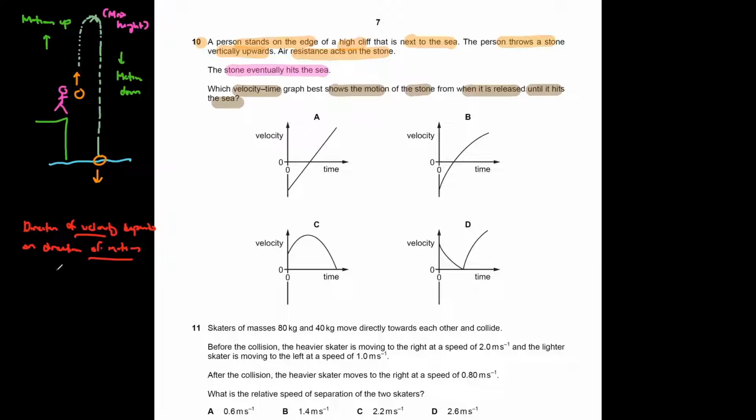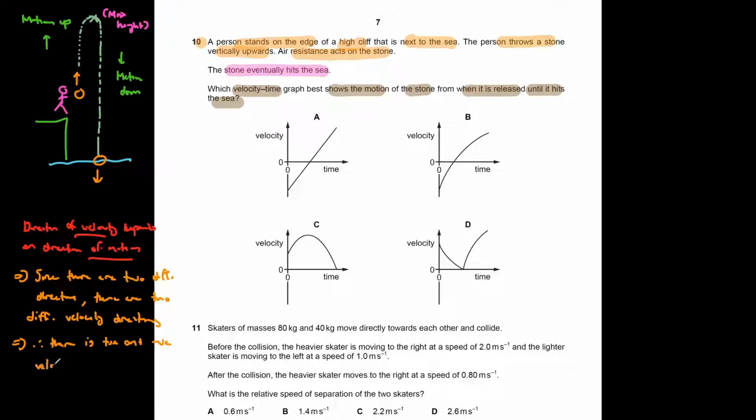If you're going down, your velocity is downwards. So one thing you can say here is this: since there are two different directions, there are two different velocity directions. Okay, because you have two directions here, you have two different velocity directions. Therefore, there is positive and negative velocity.